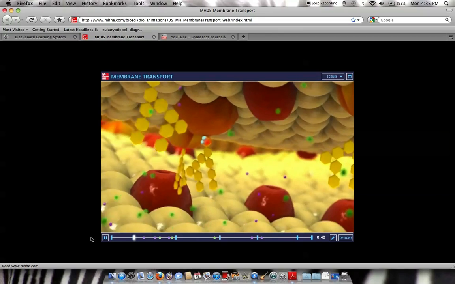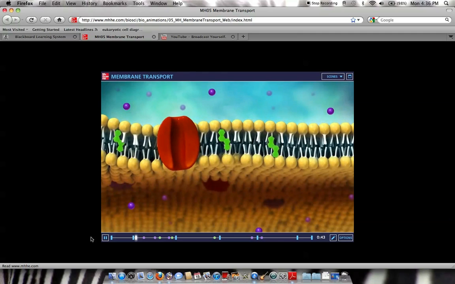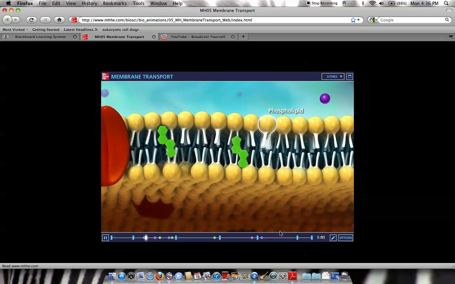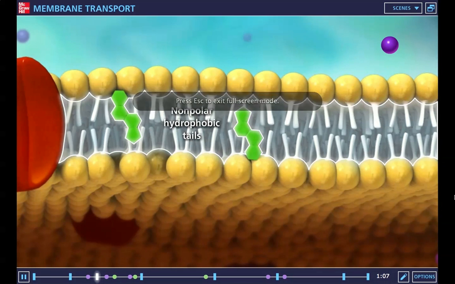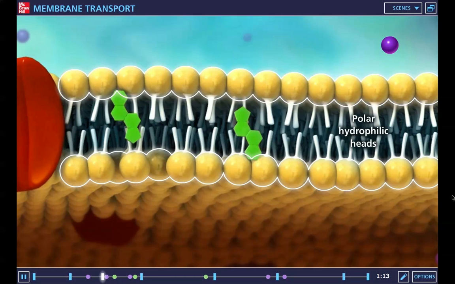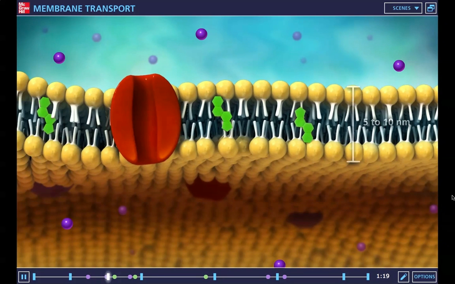These materials move in and out of cells by passing through the plasma membrane of the cell. The plasma membrane surrounds the cell and separates the interior of the cell from its environment. This semi-permeable membrane is composed of a lipid bilayer. Phospholipids make up a large part of the membrane and form a bilayer. The structure of the bilayer is due to the tail-to-tail packing of the nonpolar hydrophobic tails, composed of two fatty acid chains, and the polar hydrophilic heads, composed of glycerol and phosphorylated alcohol. The lipid bilayer is 5 to 10 nanometers thick and is embedded with proteins.